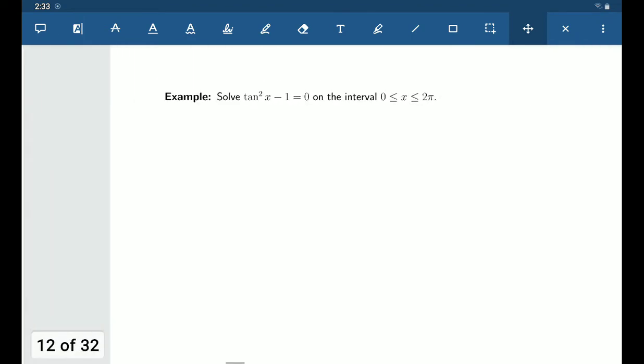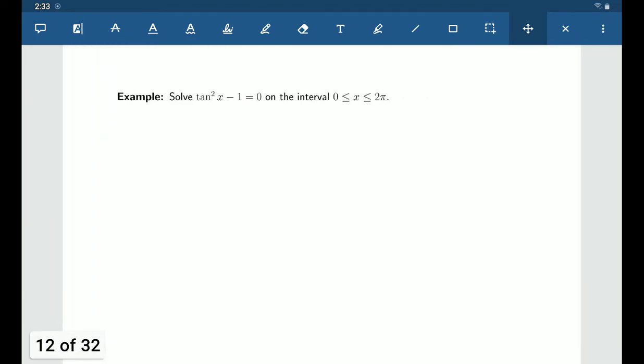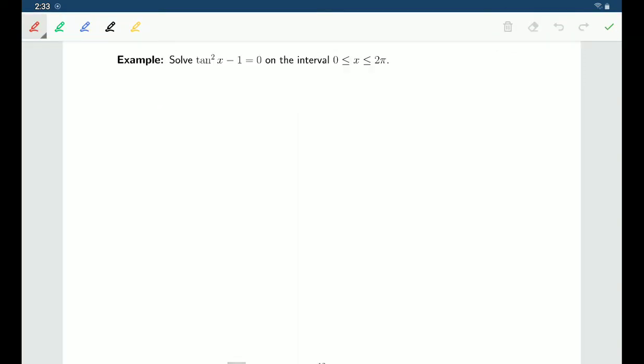And I'm mentioning that, of course, because we need to be able to solve trig equations where it's not just a trig function, but the trig function might be raised to a power. So here we're looking to solve tangent squared of x - 1 equals 0, which if I just rewrite, we'd say tangent squared of x is equal to +1.